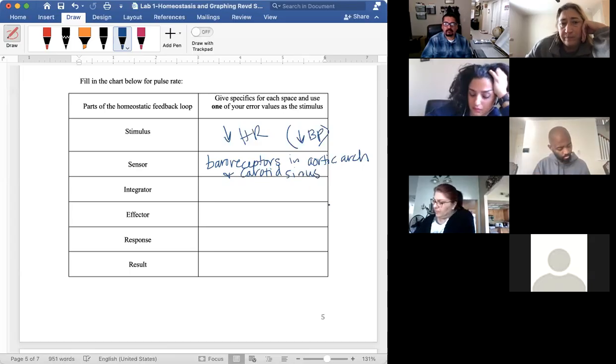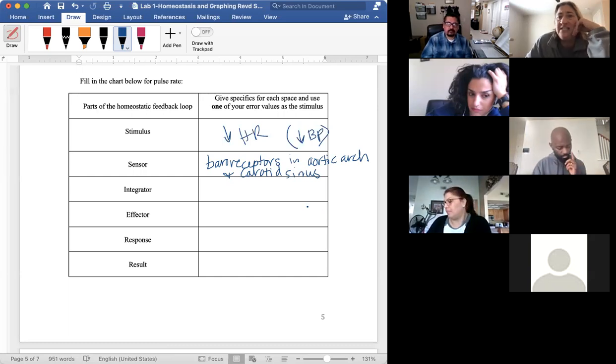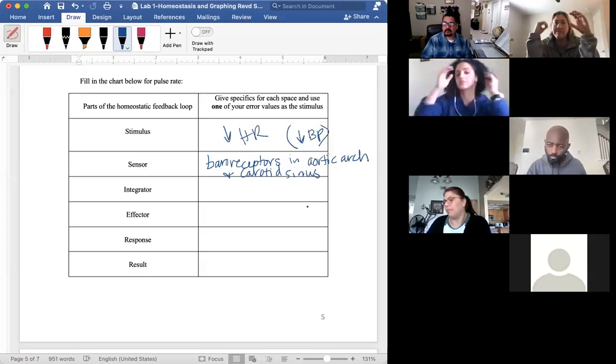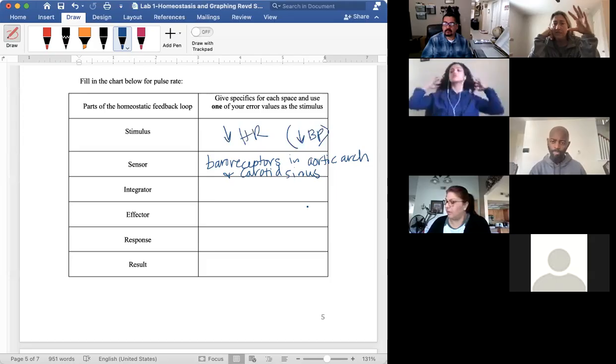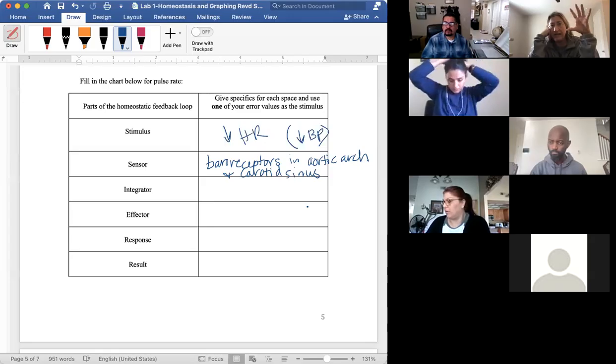These baroreceptors are wrapped around those arteries, and so when blood goes through them, they stretch. And the rate of stretch and the magnitude of stretch can be interpreted by the brain.